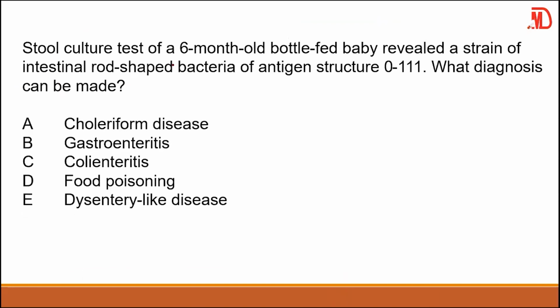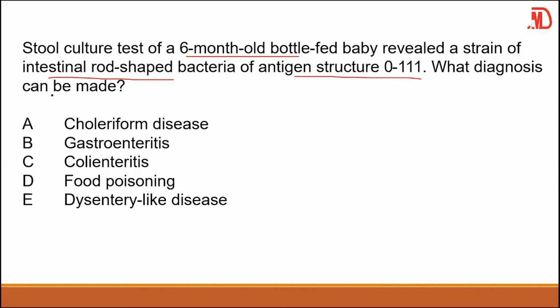A stool culture test of a 6-year-old bottle-fed baby revealed a strain of intestinal rod-shaped bacteria of antigen structure O111. Guys, what diagnosis can be made? This one, there's nothing like explanation. It's just a strain.